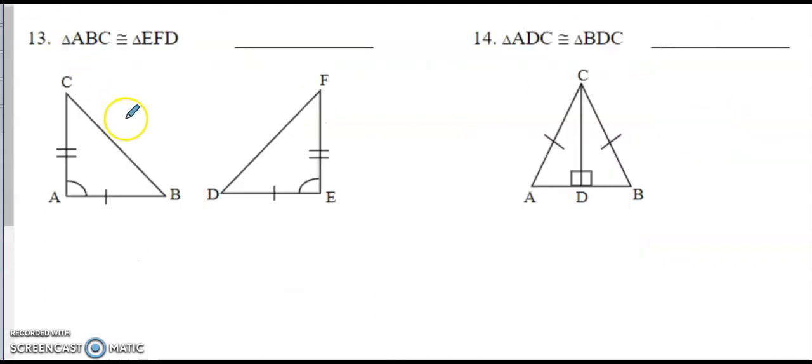In problem 13, they're separate, so we're just looking at information. They both have a single and a double, and then the angle between them is being shared by both sides in both cases. So this would be an example of side angle side as long as the letters are put in the right order.